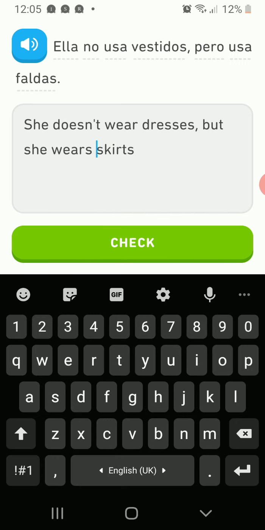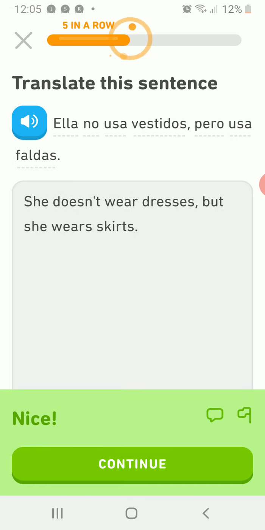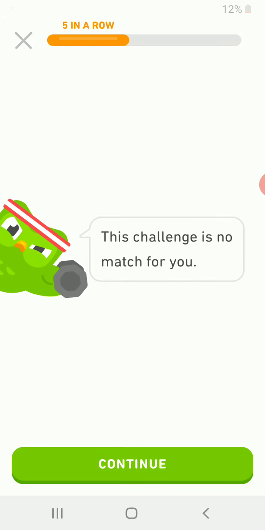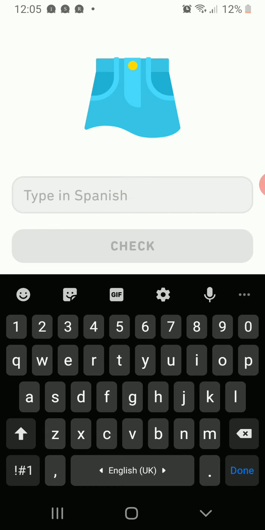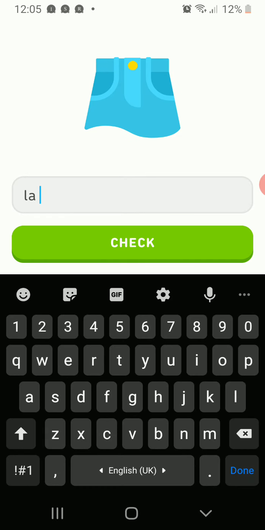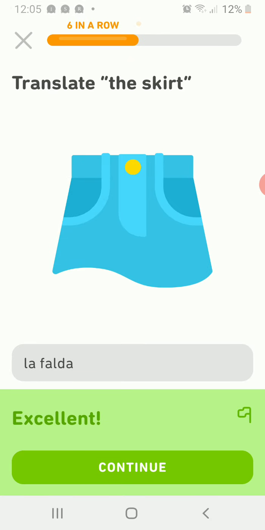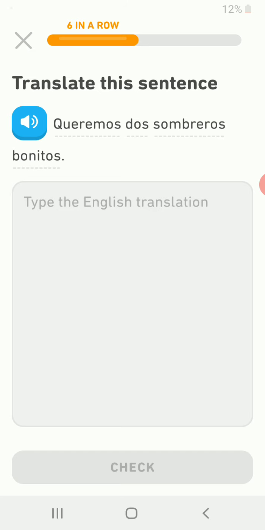Here I need a space, and I just put a dot here. Nice. All right, so what's the Spanish word for the skirt? Falda, la falda. Falda means skirt. Queremos dos sombreros bonitos.